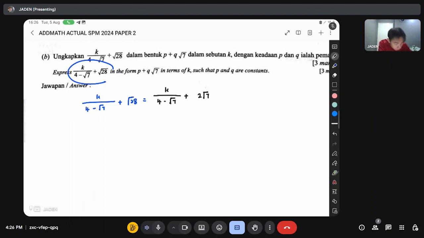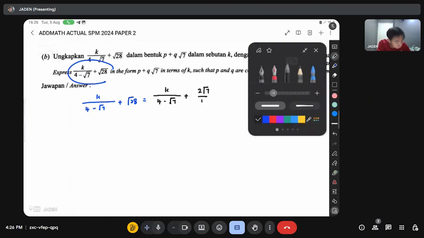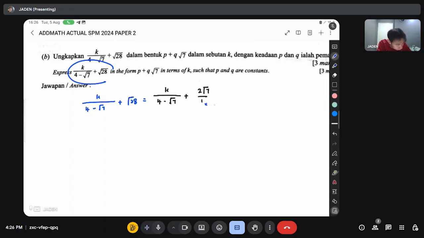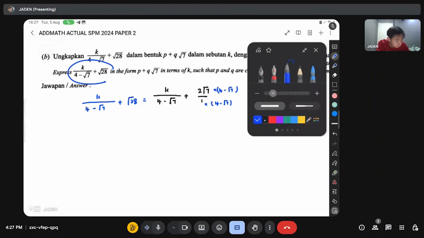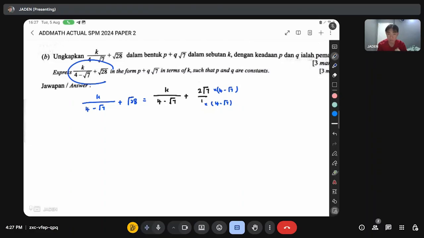So next thing is I want to make these two the same denominator. To make them the same denominator, always remember there's a 1 at the bottom here. So you multiply to make it the denominator 4 minus root 7. Okay, so you can combine two terms into a single term. That would help you in simplifying the whole equation here.